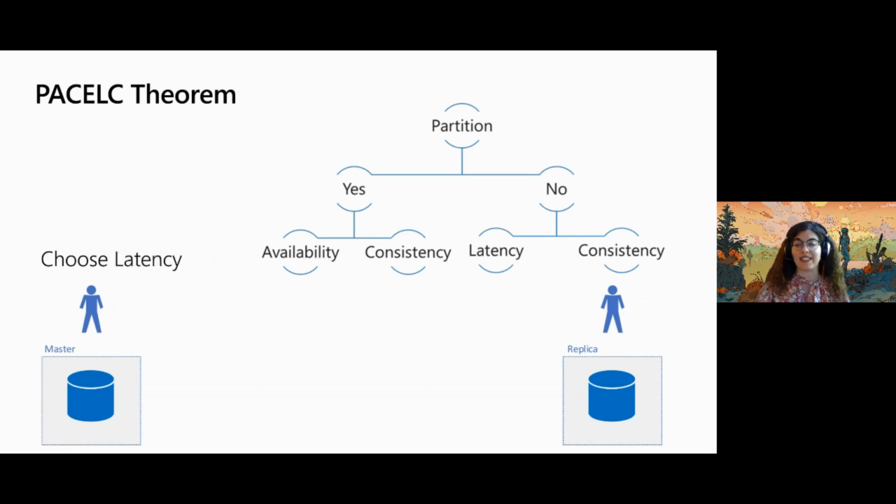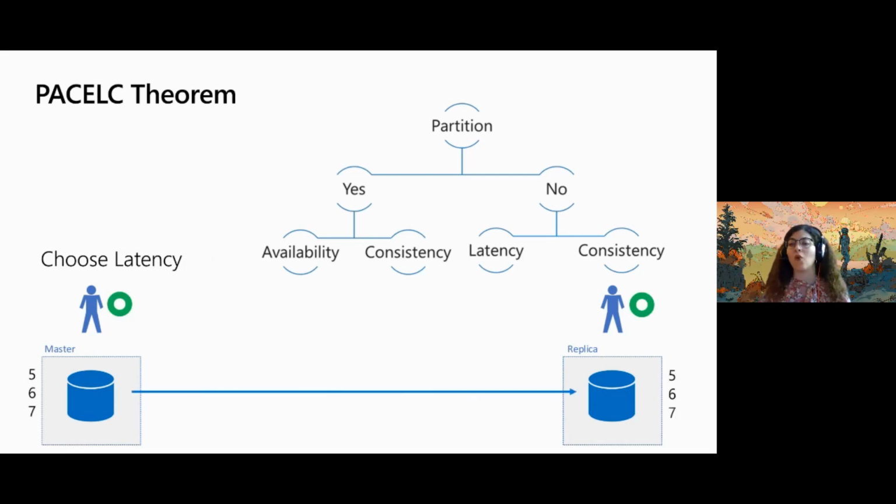If I choose latency, this means that I'm always on, right? So eventually the data will be replicated on the secondary node. And until then, I will read the data that has already been committed and replicated across the network.